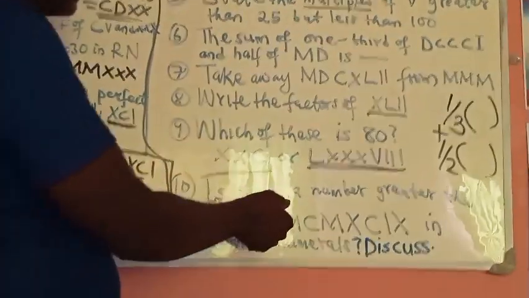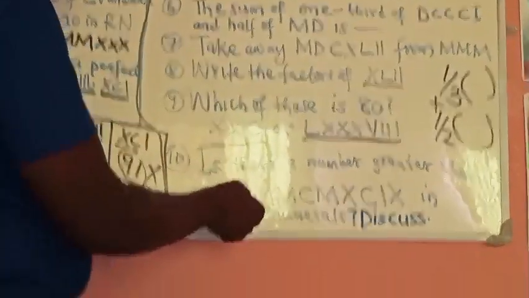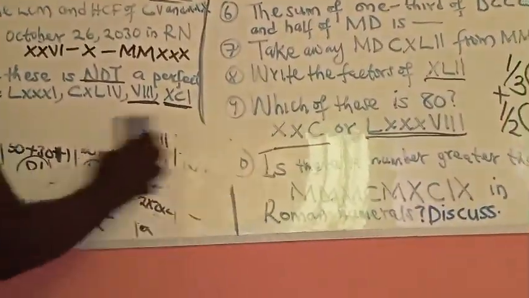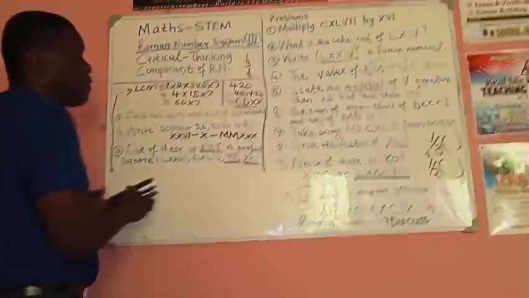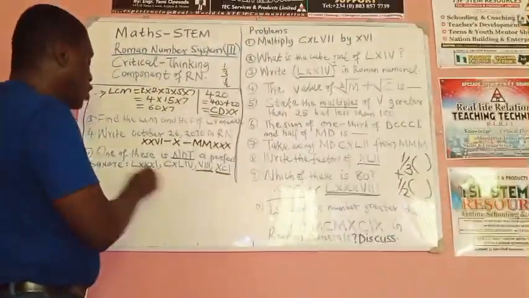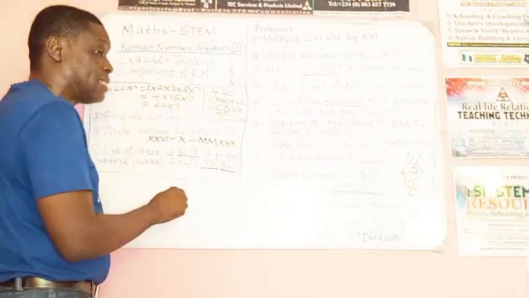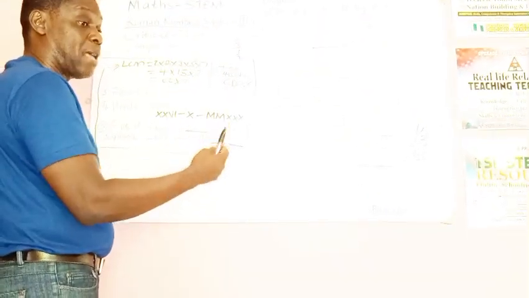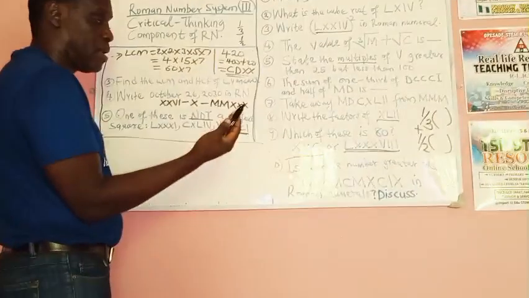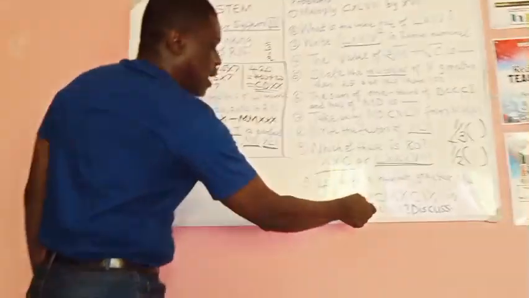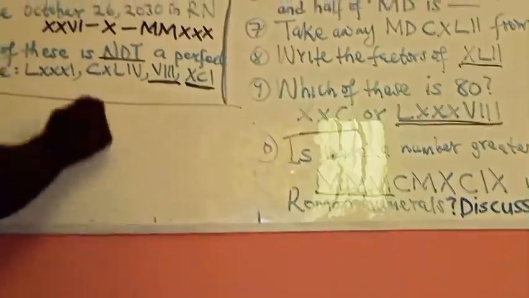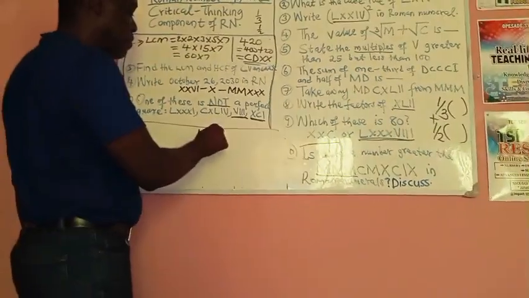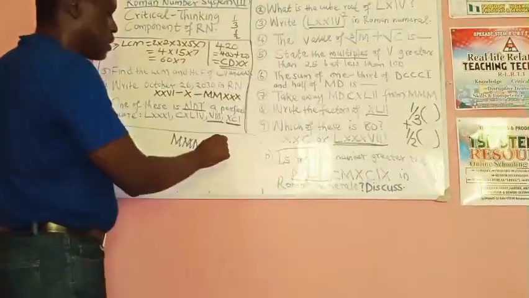Now, is there a number greater than this? Let me shed light on that as I round up. That last one. Don't forget that one of the rules of the formation of Roman numbers is that no symbol must be repeated more than 3 times. Now if you look at this, M is already appearing how many times? 3 times, which means 3,000.